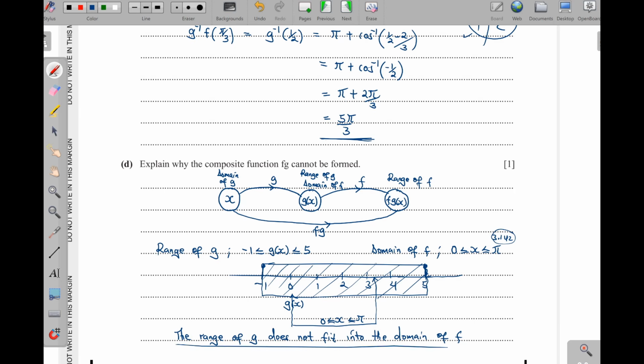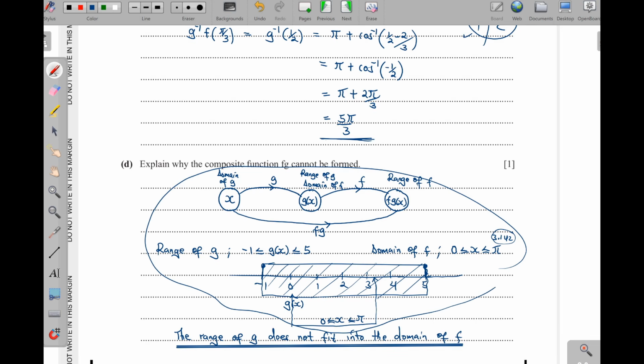This will be our answer that is needed. Whatever I've done here is not needed, but I just explained each and everything so that you understand. We just need this statement.